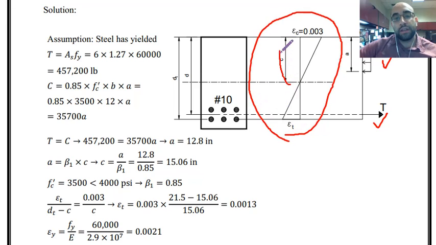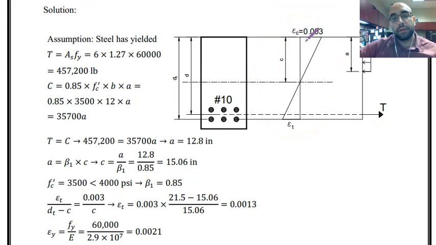I have to calculate this c, or depth of neutral axis, and based on the similar triangles that we have over here and over here, I can write the ratios for this side over this side equal to this side over this side. These are similar triangles. Based on the ratios that we have between the sides of these similar triangles, I can find the strain over here.